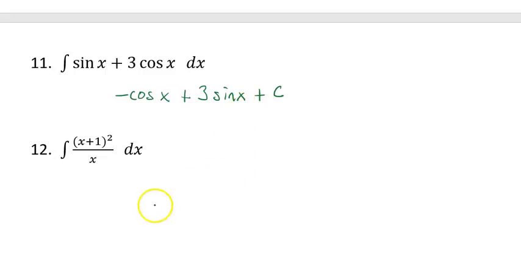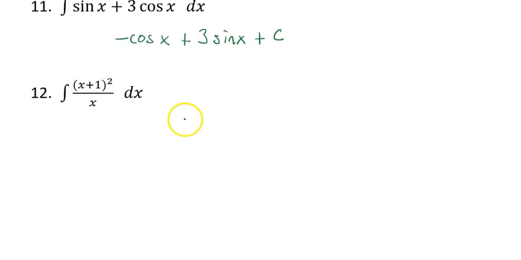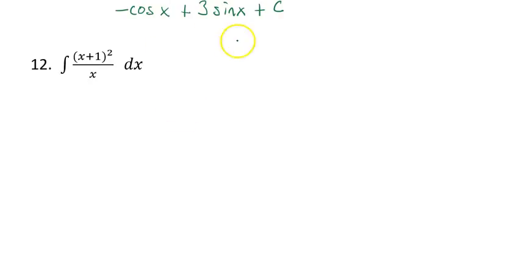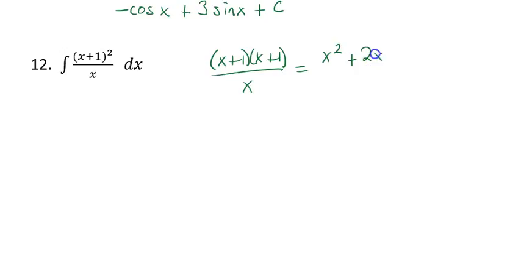Now 12 looks like it's way more complicated and it can't be done, but this is something that you can do a little bit of algebra on and come up with a polynomial. So you just have to use kind of power rules, or at least something similar that uses basic rules. So I'm going to multiply out the top, and see what I get. So that would give me x squared plus 2x plus 1 over x.